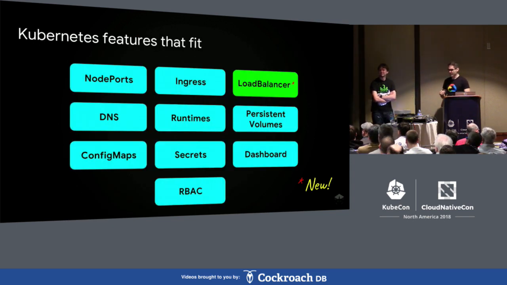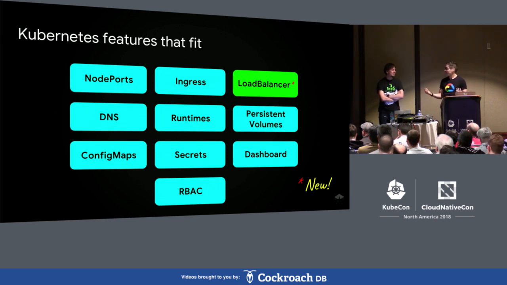So what are the features in Kubernetes that fit into a single node local experience? The answer is most of it, a lot of it. Some of them come in as emulated features, for example, the load balancer with Minikube tunnel that I just demonstrated.